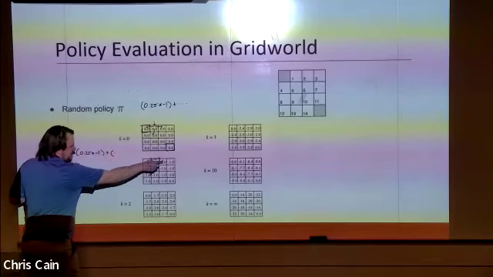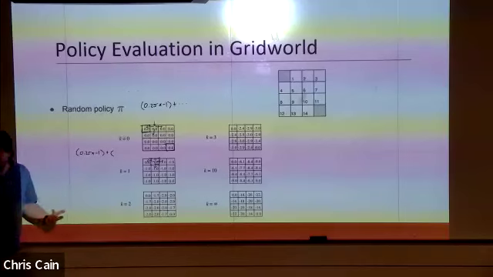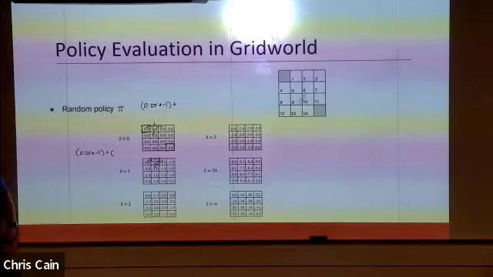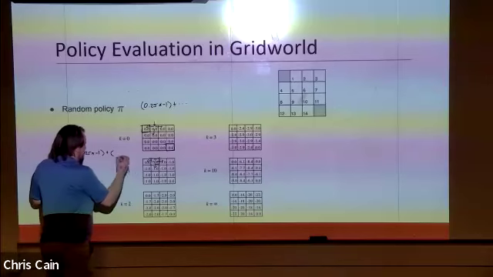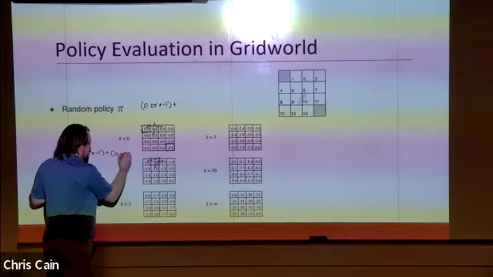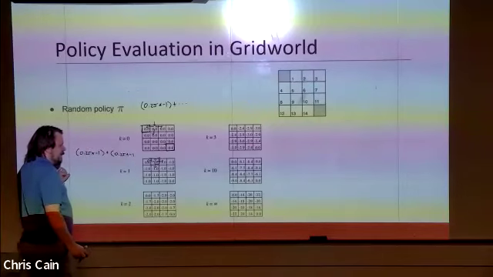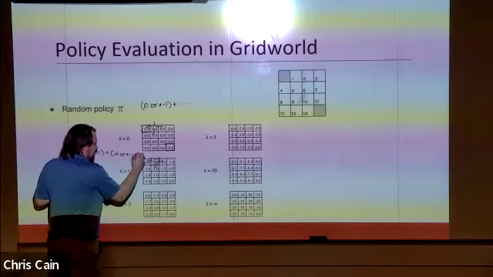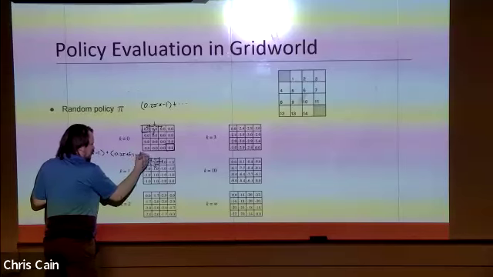But now we need to consider what happens if we go here. We're going to get a reward of -1 when we get there. So we now need to consider there's a 25% chance that we take an action and end up in a state with a value of -1.